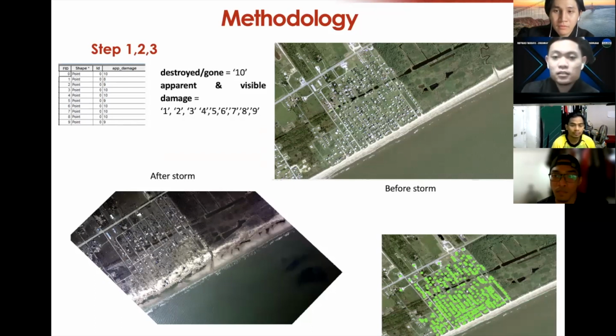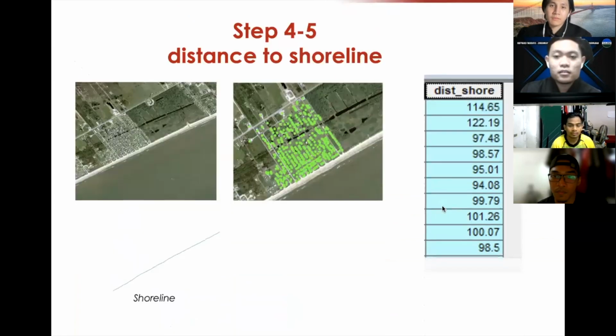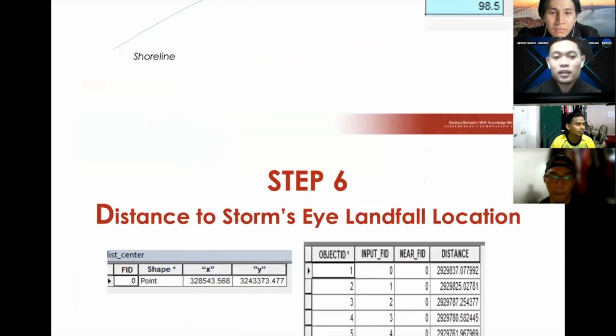Next, for step 4 to 5, we need to measure the distance of each house to the storm eye landfall location. In this method, first we need to create a storm center file using Notepad in the ArcGIS software.